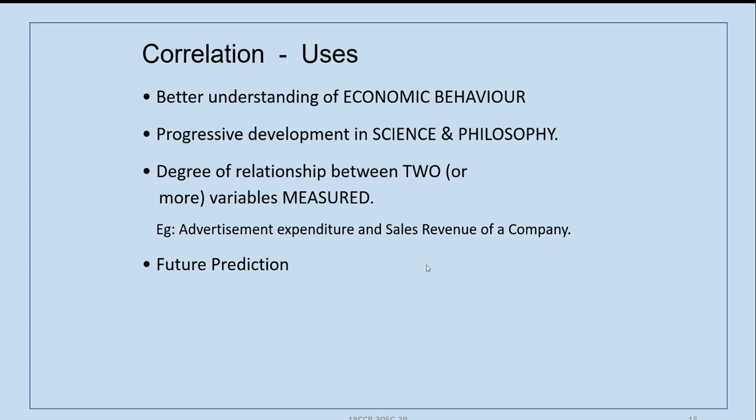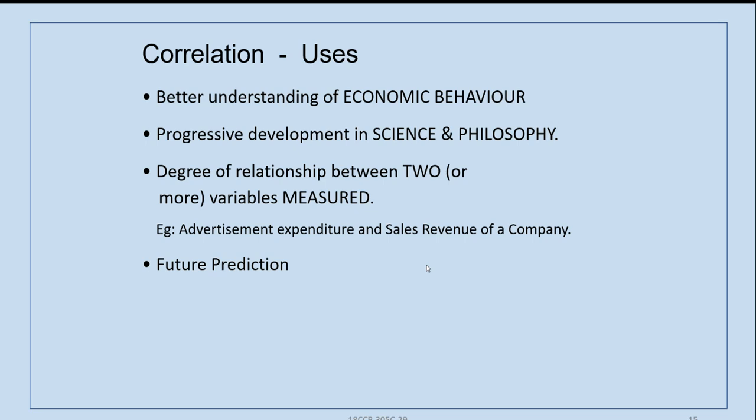Behavior means how it behaves when advertisement costs are going up. When advertisement costs are going up, sales are also going up. That is the behavior. So advertisement, sales, purchases, which can be measured in money, those are economic concepts.